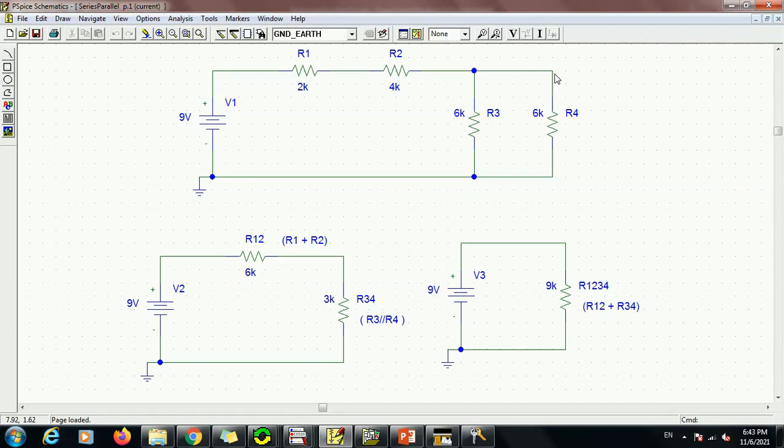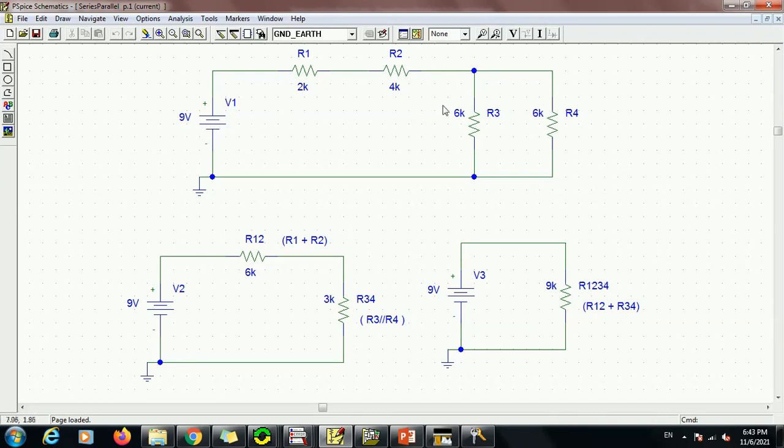Now, the more appliances we add in parallel, the less the total resistance is, and we can see this here. This was 6 kilo ohm. We added another 6 kilo ohm, so the total value dropped to half. Now, if we add another one and another one and another one, the whole thing will continue to drop, and this will draw more current from our source voltage.